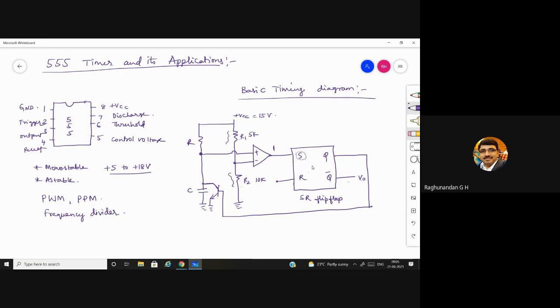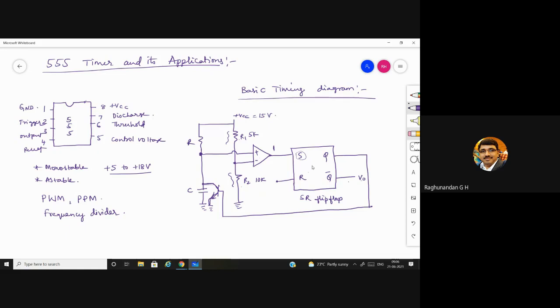Whatever the capacitor has will be drawn through this transistor and go to the ground. So the capacitor is going to discharge through the ground, and the voltage across this node will become lesser and lesser.